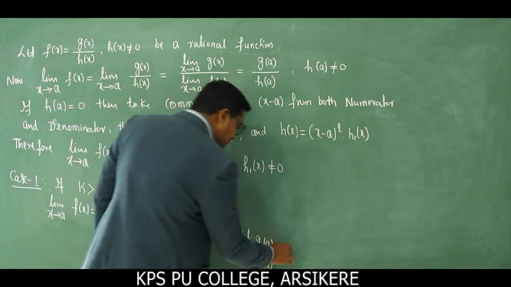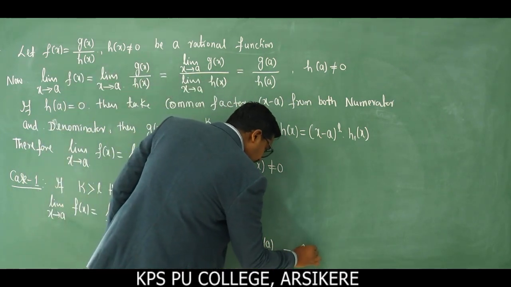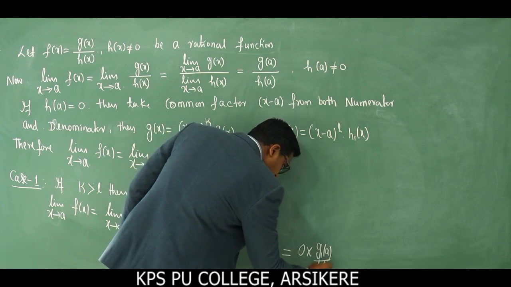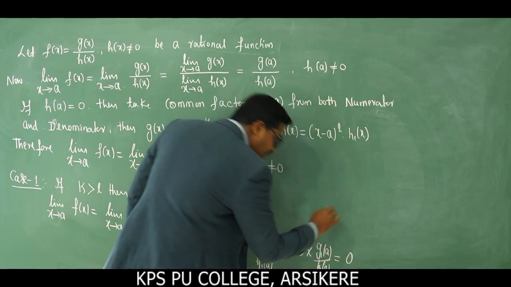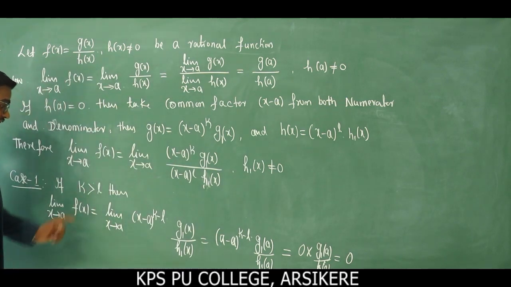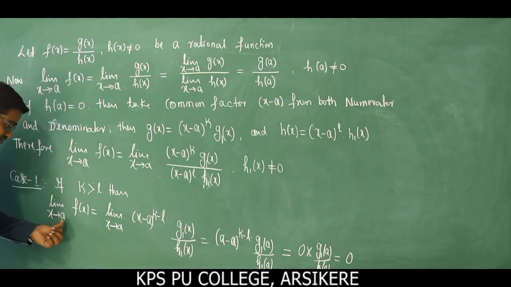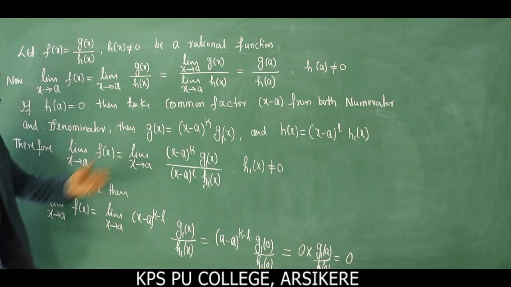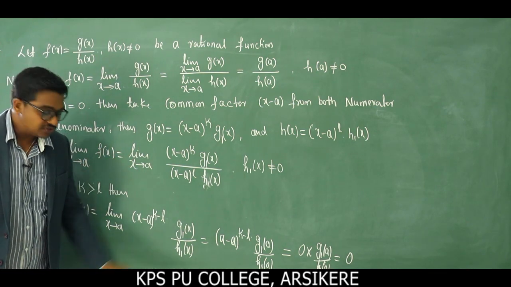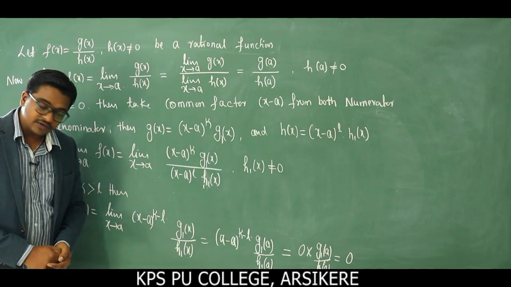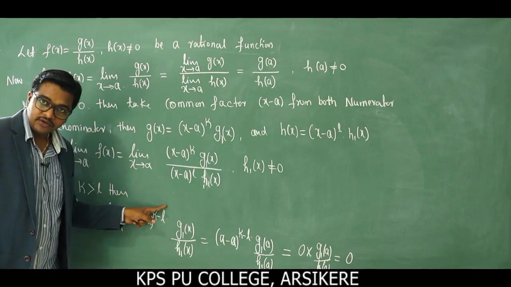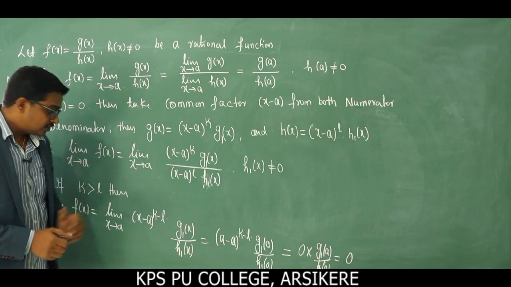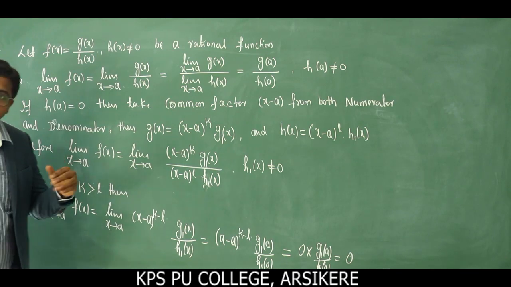So this becomes 0 into g1 of a divided by h1 of a. So the total becomes 0. Therefore the limit as x tends to a of f of x, whenever the k value is greater than l, after simplification becomes 0. So this is our limit. This is case number 1. Take a note of whatever is written here, then we will discuss the rest, case 2 and case 3.